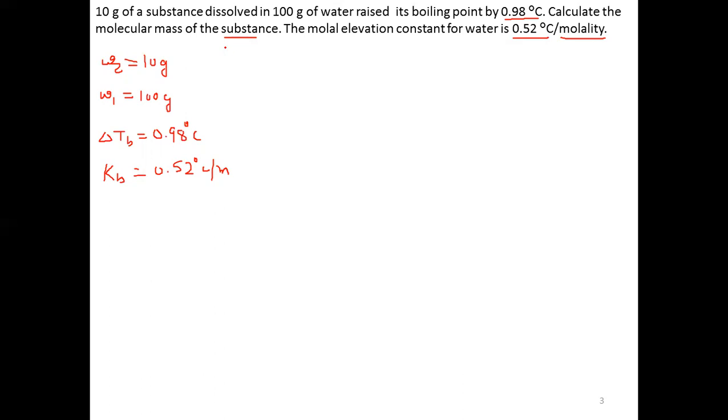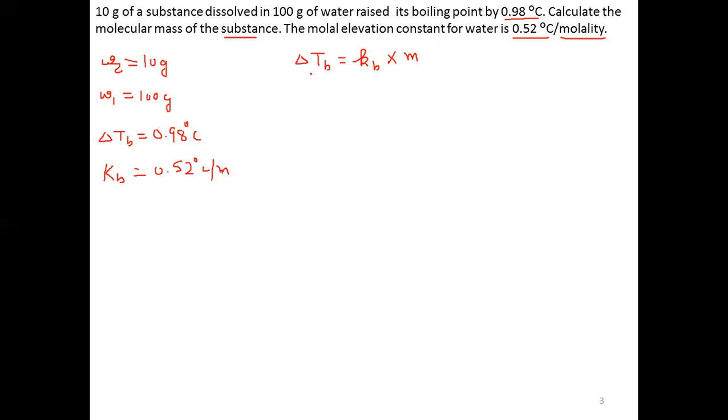So for that we will first apply the formula that we have derived in our theory lecture on elevation in boiling point. The elevation in boiling point is given by the molar elevation constant Kb multiplied by the molality of the solution. I have derived this relation in my theory lecture. I have kept the link in the description, so you can check there how to prove this relation.